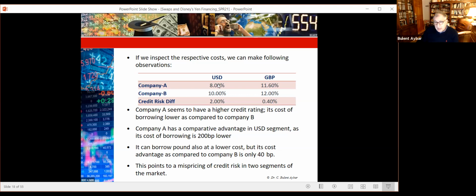So letting company A borrow in US dollars and company B borrow in pounds and swapping the payments, we could potentially reduce each of those companies' cost of borrowing as compared to directly borrowing in pound or directly borrowing in US dollar terms. So let's see how this works.